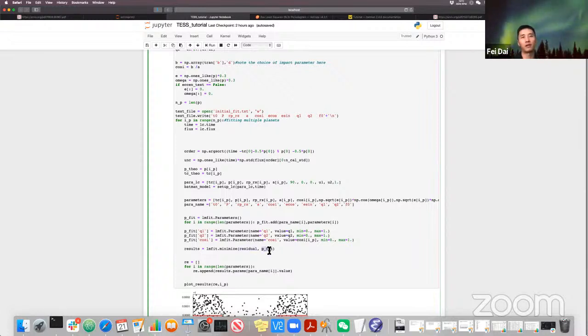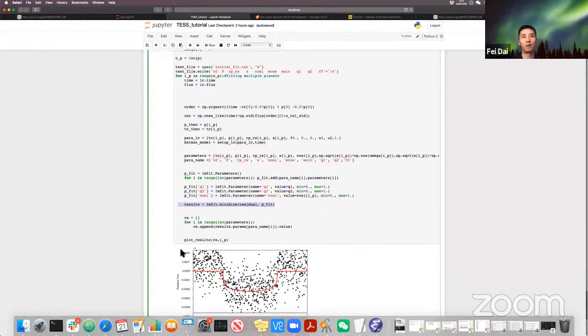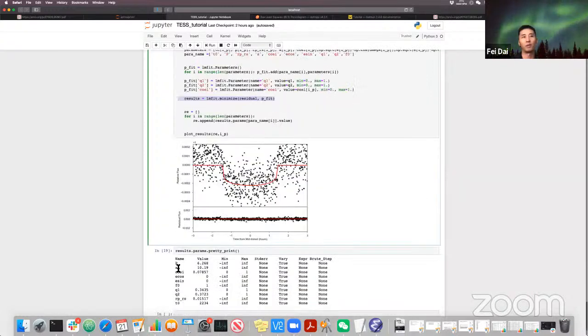And pfit is the initial set of parameters we put in. By running this, the code will meander in the parameter space here, including orbital period, semi-major axis, etc., until it lands on a combination that minimizes the difference between the observed light curve and the model. And this is shown here.